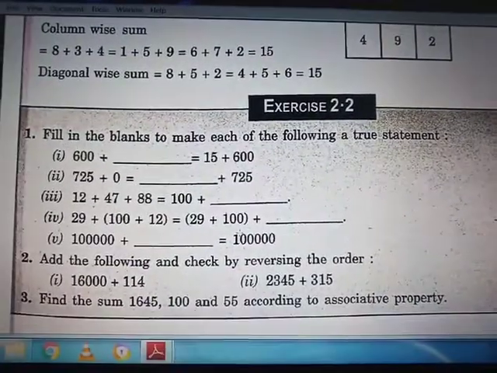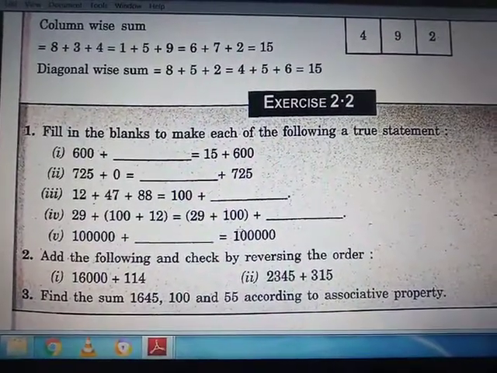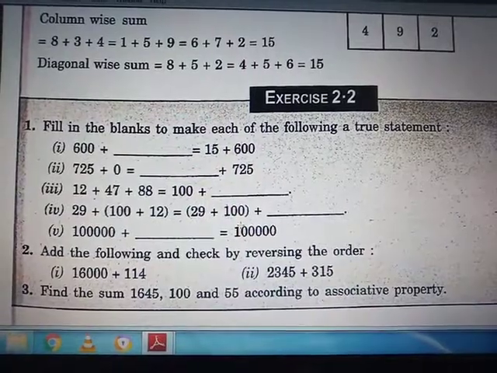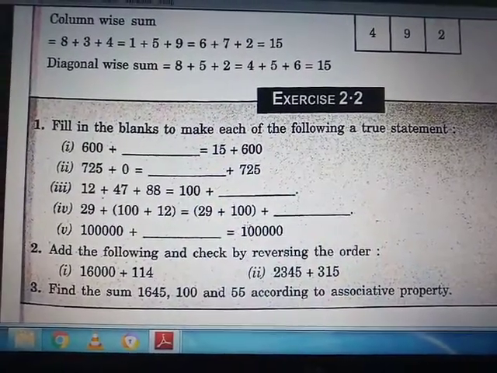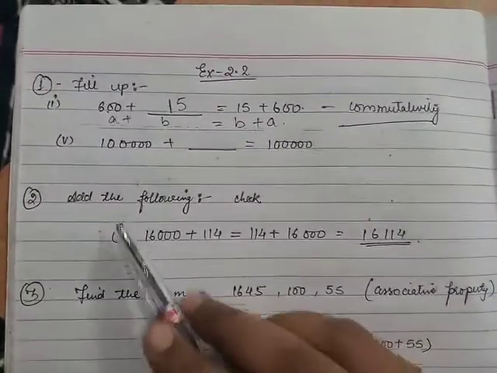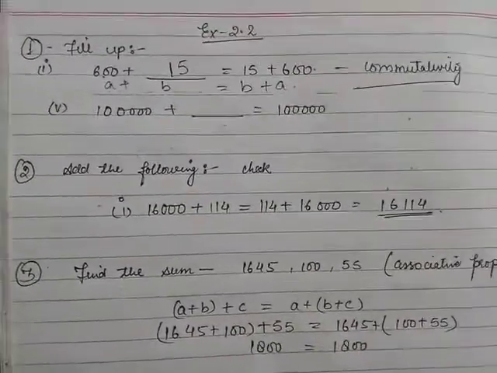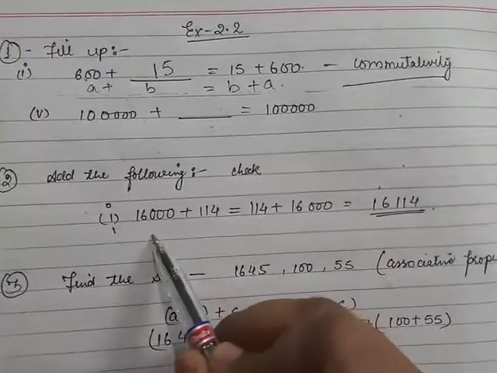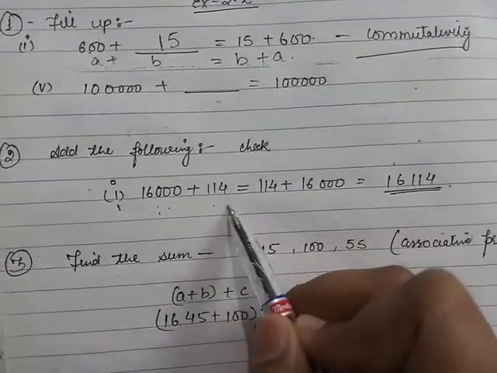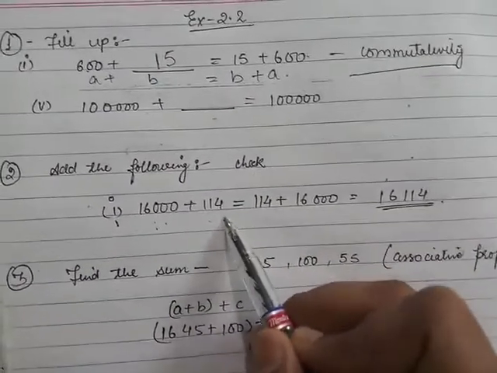Now we will do question number 2: add the following and check by reversing the order. The first question is 16,000 plus 114. You have to add this.